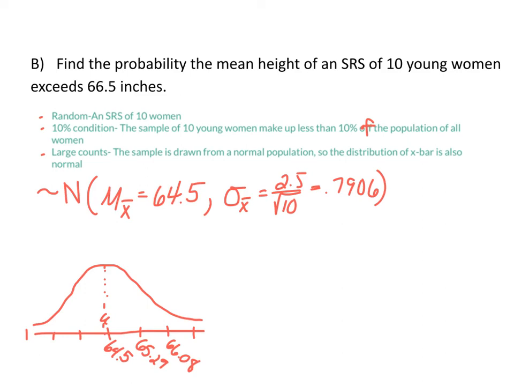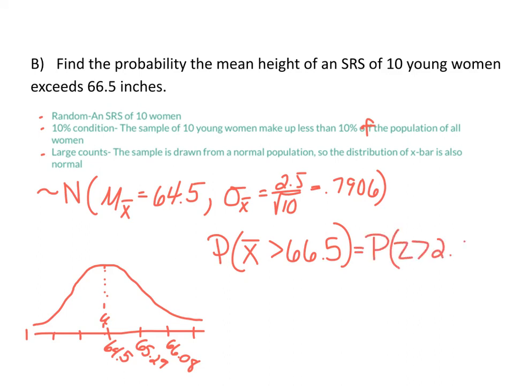Okay, so we are asked, what is the probability, not that an individual person, not an x, but the sample mean, is greater than 66.5? If you are prone to find your z-scores, I'm going to put that in here, greater than 2.53. You could use Table A. You can do normalcdf.